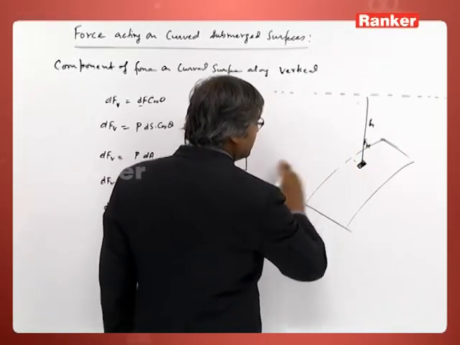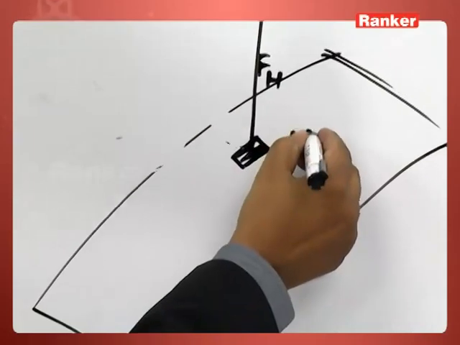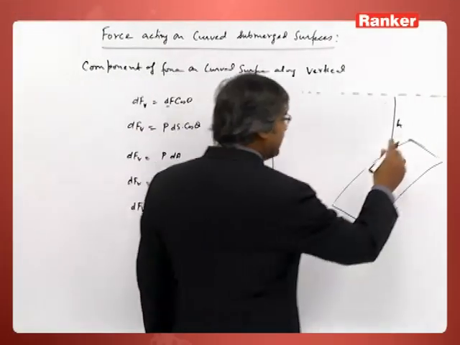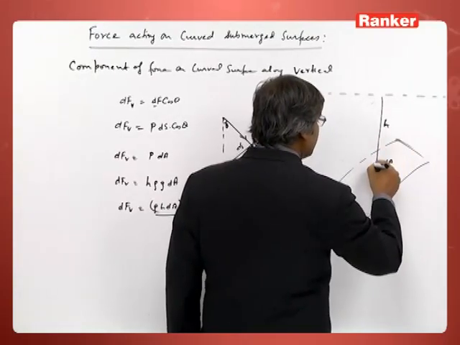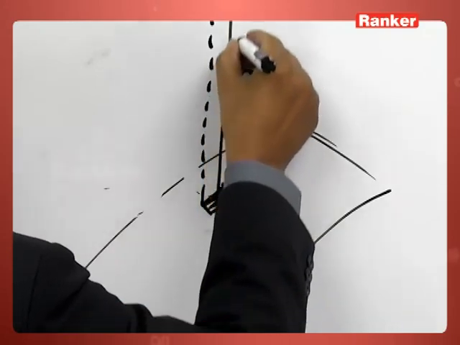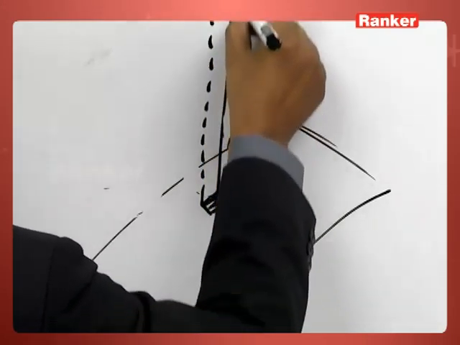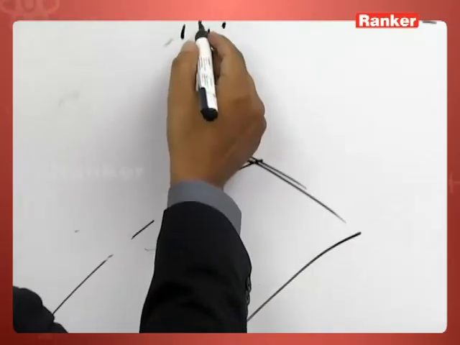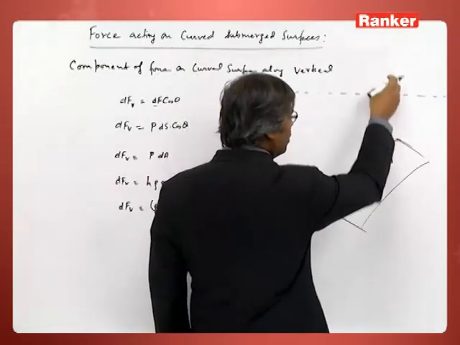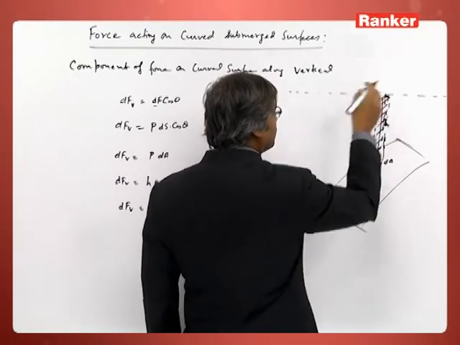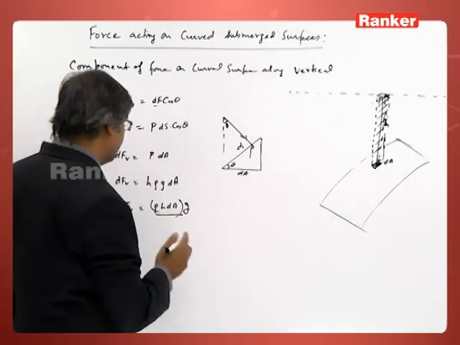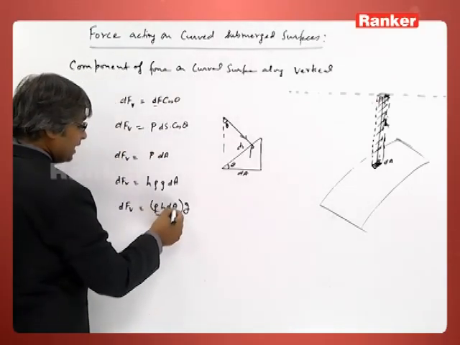So we have this as dA area, and dA into h is nothing but the volume of this prismatic element. So this is the volume of this whole liquid up to this prismatic element. So volume of this prismatic element is h dA.